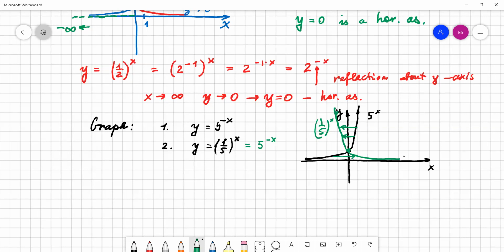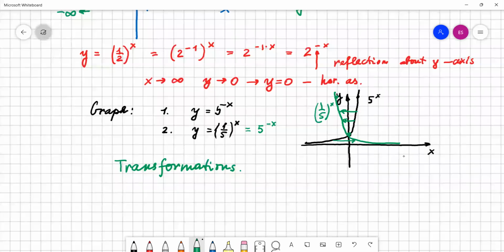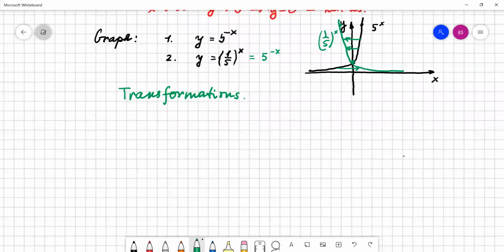Now, let's try to use transformations to make a more complicated graph. Transformations. Well, we know that we have several types of transformations. I'm going to consider shifts first. So 2 to the power of x plus 3 minus 2.